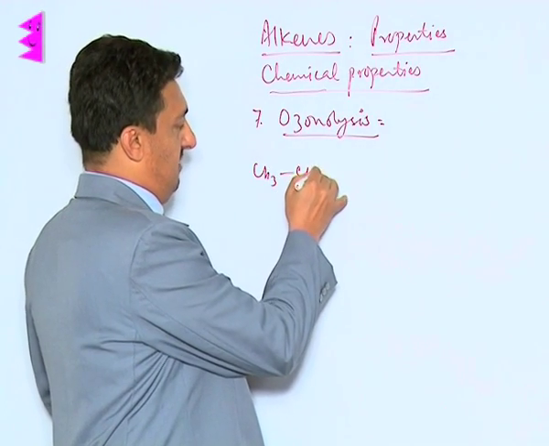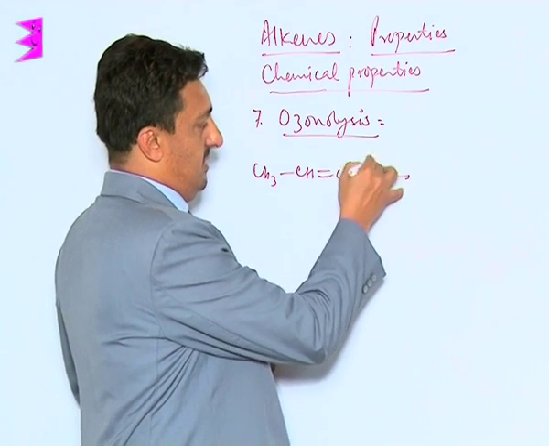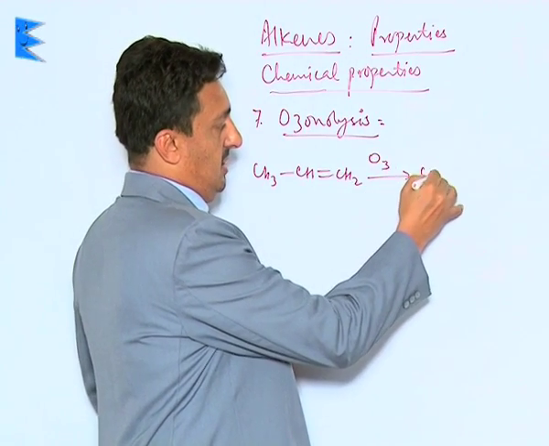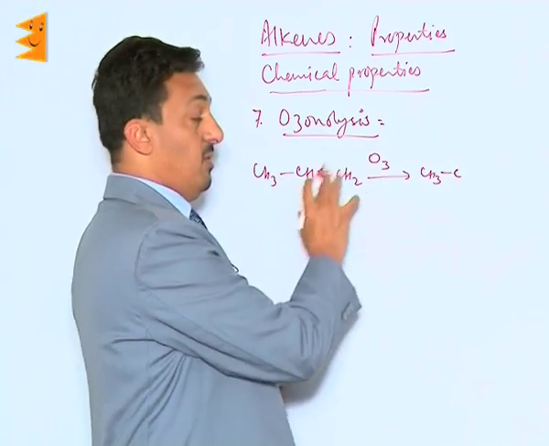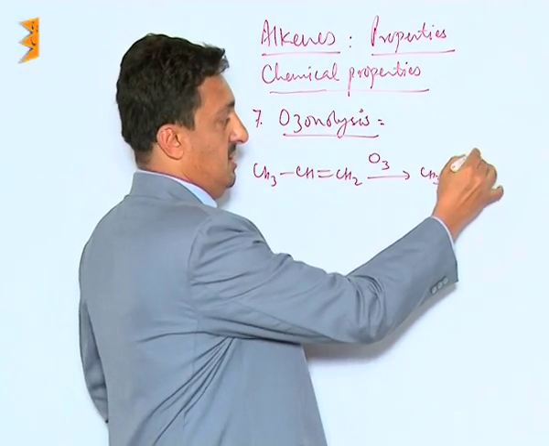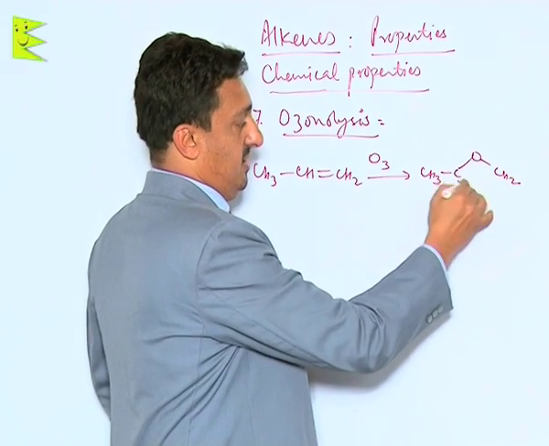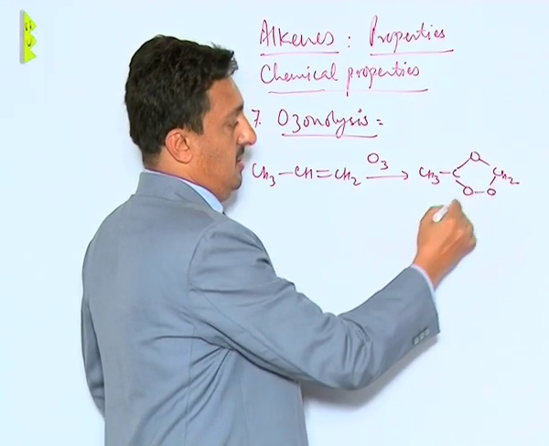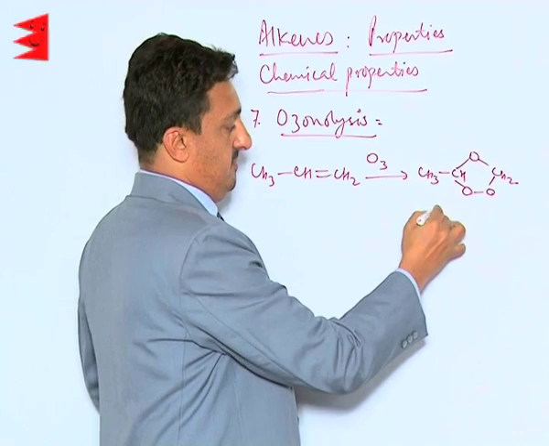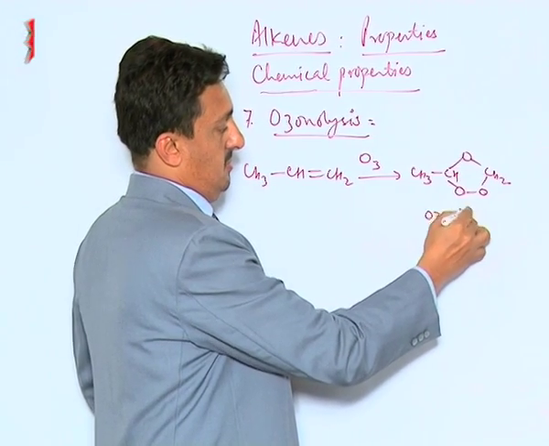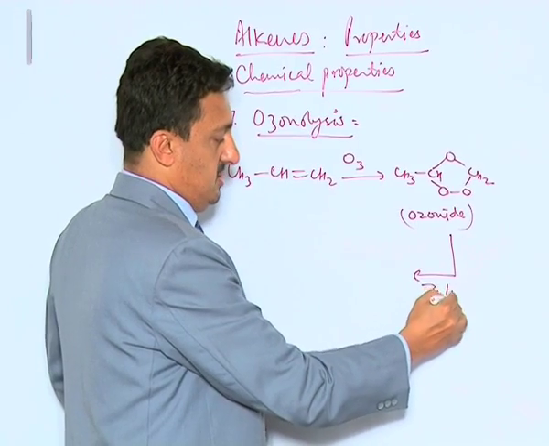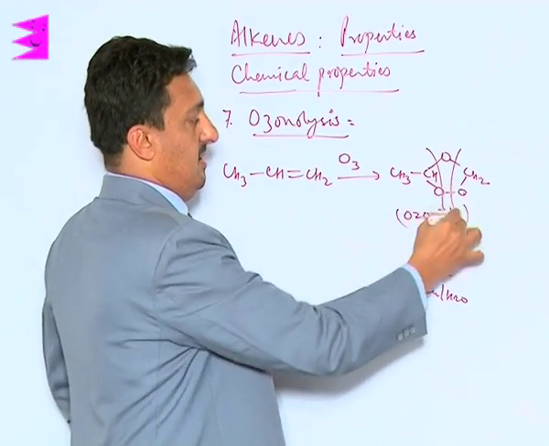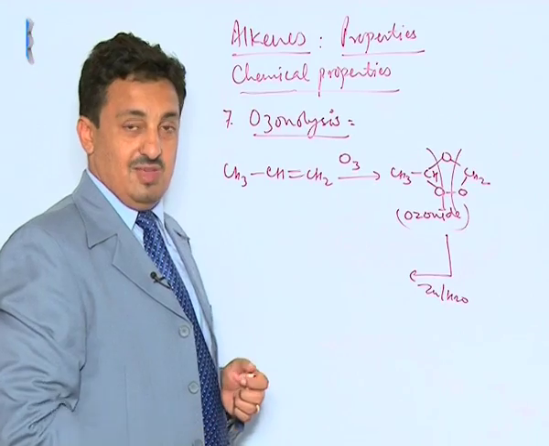Like if suppose we have this alkene, when this is reacted with ozone, this attacks the double bond, cleaving the organic compound from the double bond position, and this forms this compound, which is actually called ozonide.